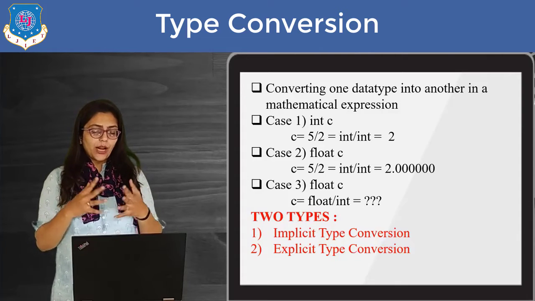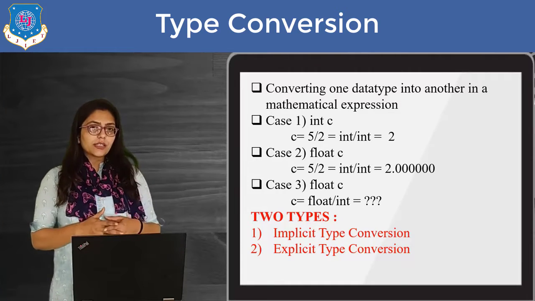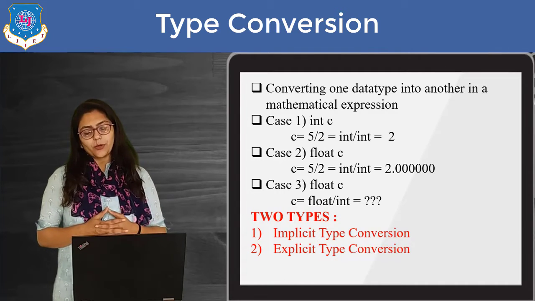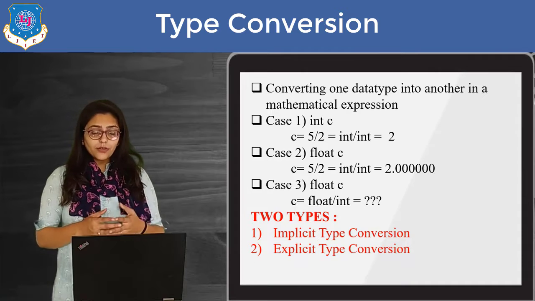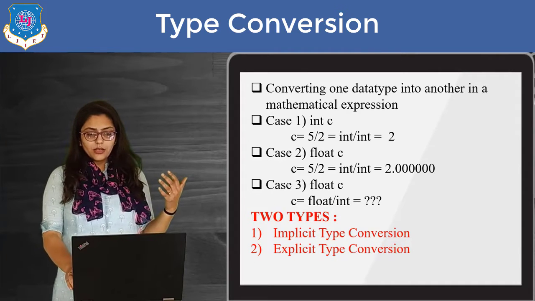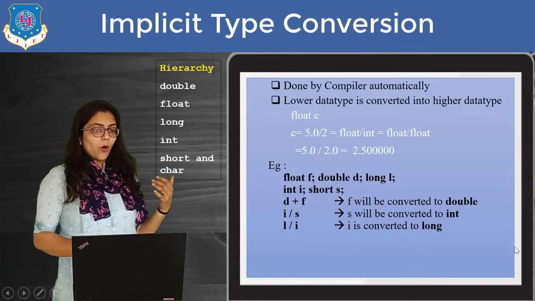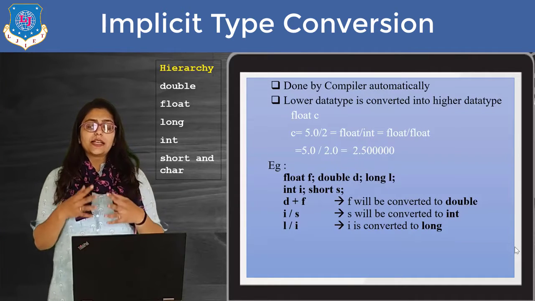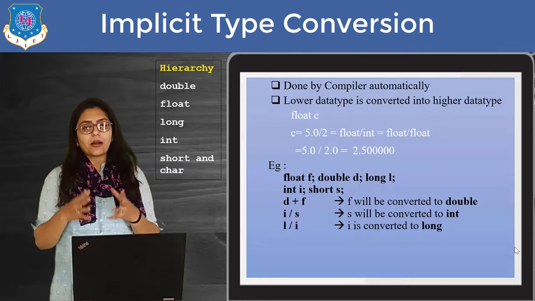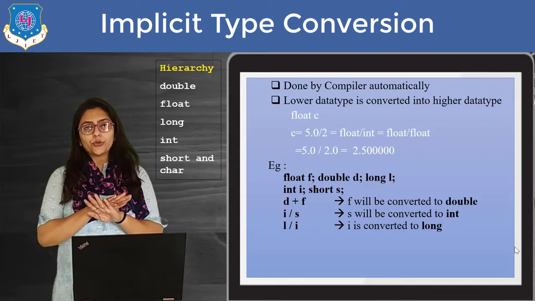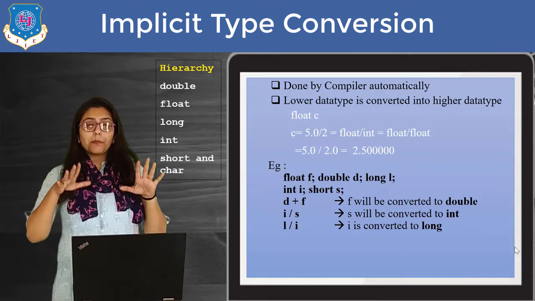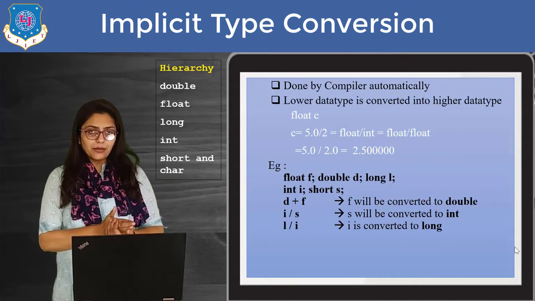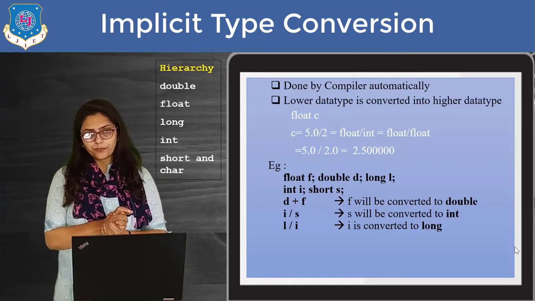Basically we are having two types of type conversion. First is implicit type conversion and second is explicit type conversion. We are going to first cover the implicit type conversion. So what exactly is this implicit type conversion? Implicit type conversion is implemented by the compiler itself. So you are not going to explicitly do anything, but it is the compiler who will decide in which type the result will be.